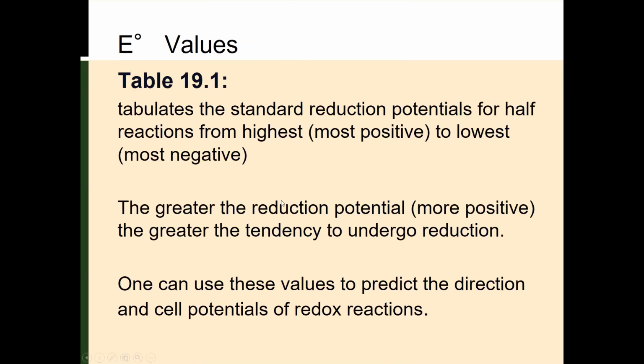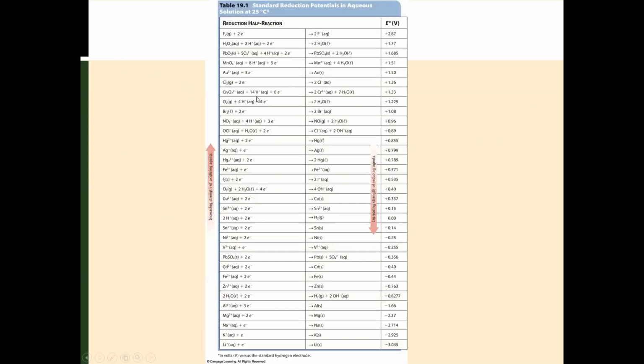All right. So tables are in 19.1. There's also a table in the back of the book that has significantly more. And if we look at the table that's in the book, notice that we have increasing strength of oxidizing agent and increasing strength of reducing agent. So lithium metal is going to reduce things like crazy, okay? However, to reduce something, it's going to have to be oxidized. So if lithium goes to lithium plus electrons, it's oxidized.